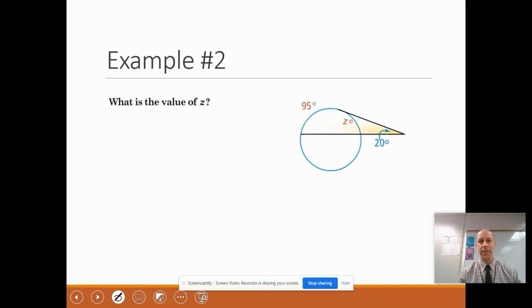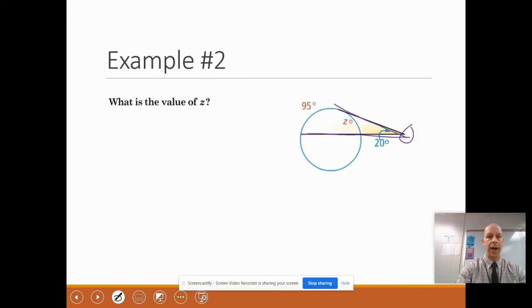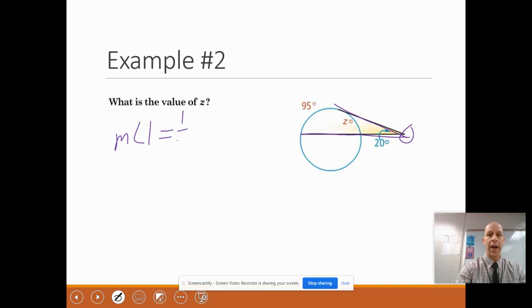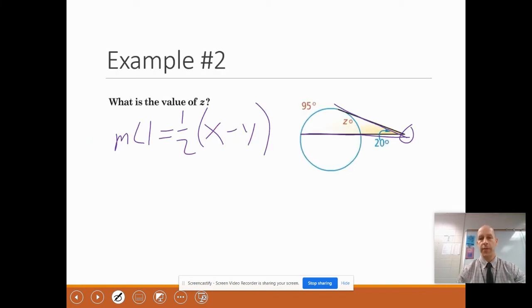This one's a little bit different. We can see that we have two lines, or if you will, two segments that intersect outside of a circle. So we're now going to use Theorem 12.14. And here's our formula. It tells us that the measure of angle 1 is equal to 1/2 (x minus y), where x and y are the measures of those intercepted arcs.